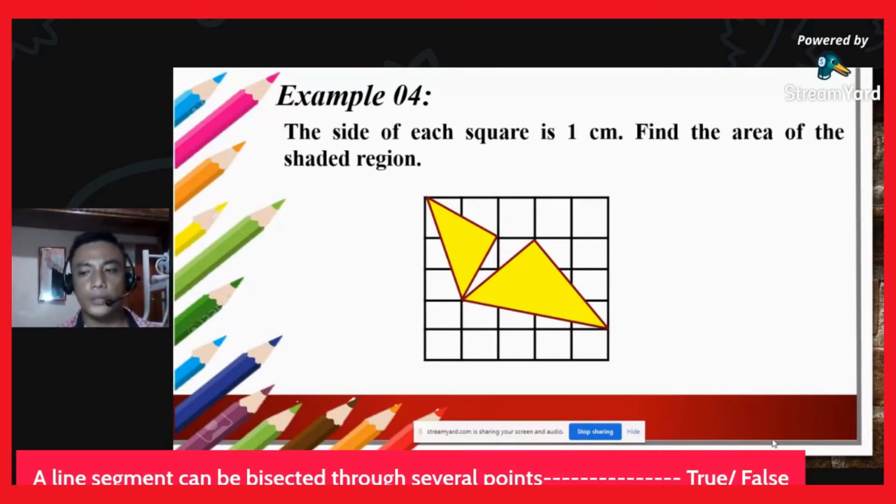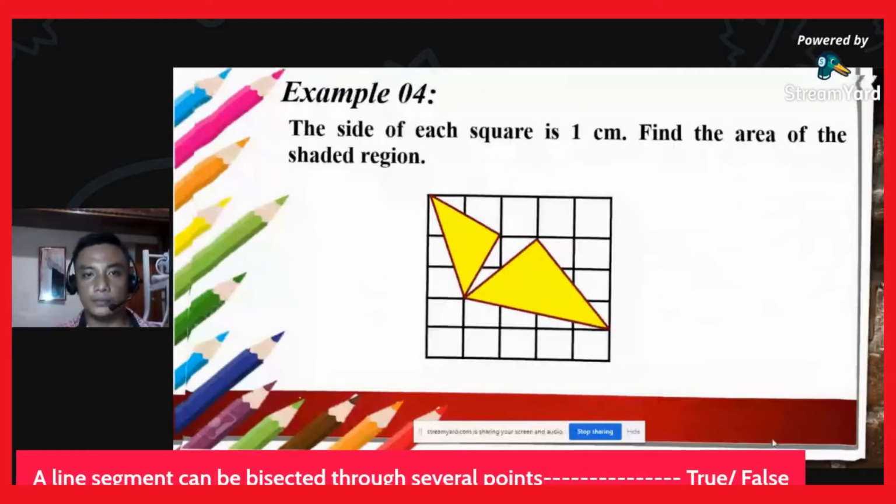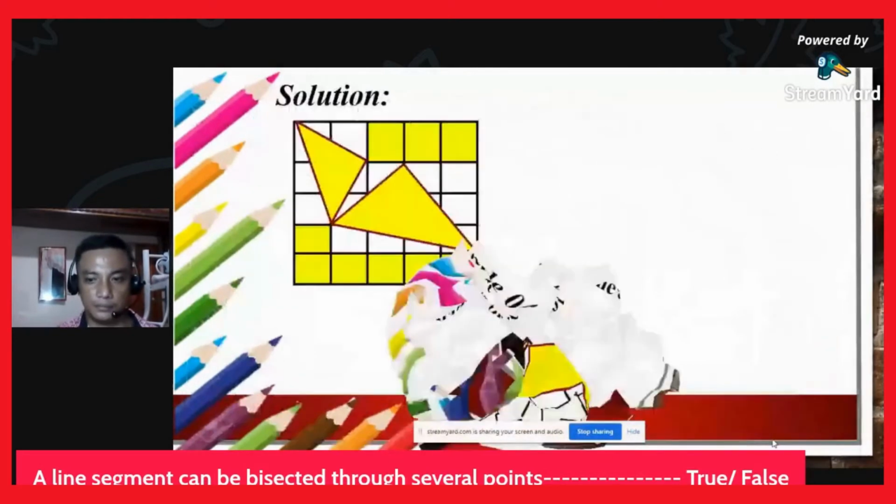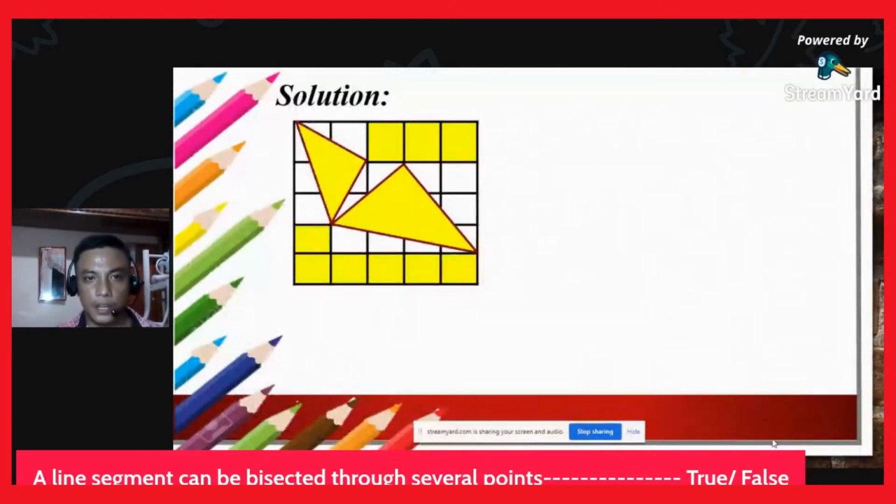Okay, we're going to discuss the solution. First, we're going to count how many squares are not embedded with the two shaded triangles.